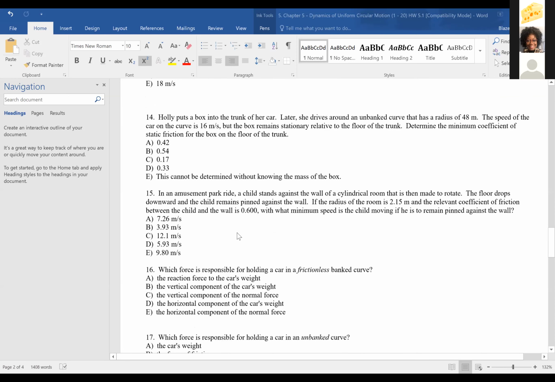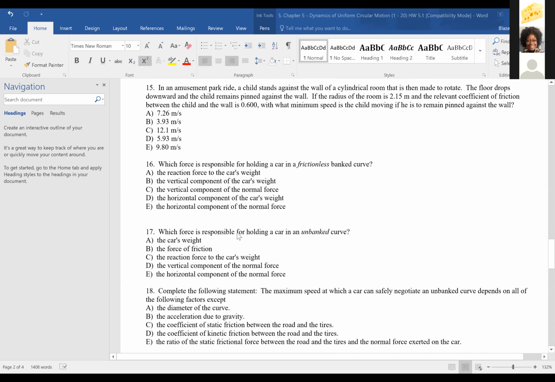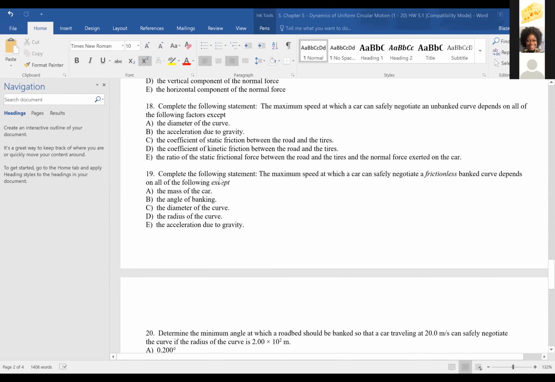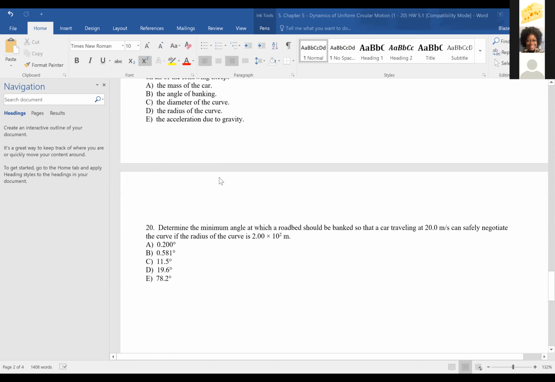You only have to do a few more of these in the homework, and you can see that most of these now are concept questions. Now, number 20, you won't be able to solve until I go over this next part. So now I'm going to talk about how to solve number 20.